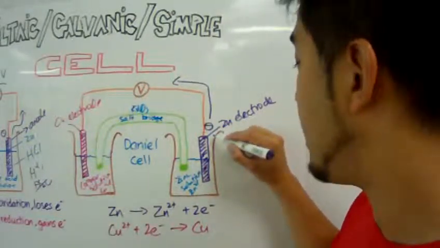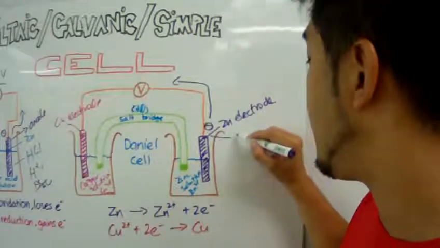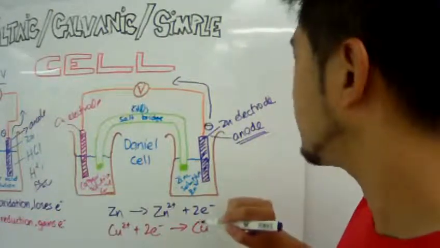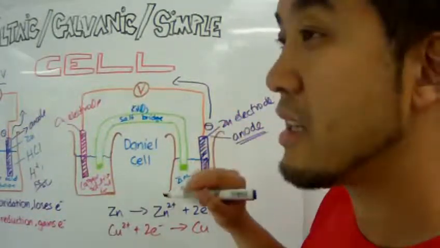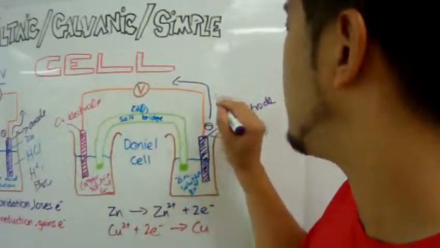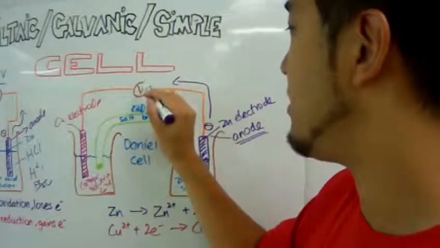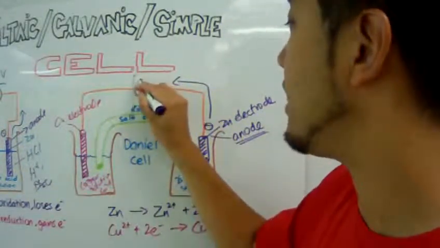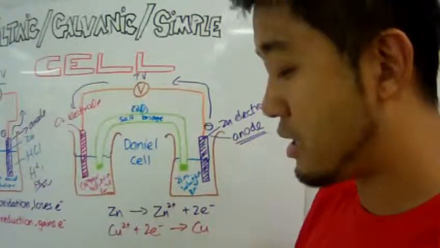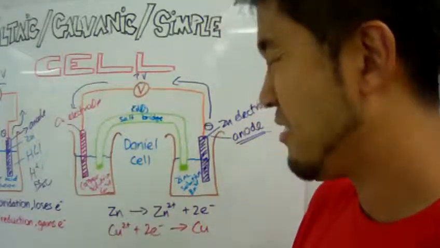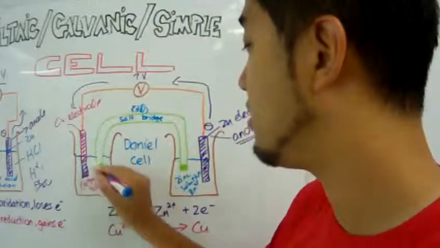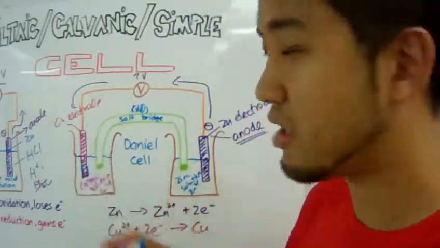And because this is where the spontaneous reaction happens, this will be the anode. Electrons are going to go through here, get read by the voltmeter, giving you a volt reading, and the electrons are going to come down to the other electrode, the copper electrode, and you're going to get a stacking of electrons in that copper electrode.